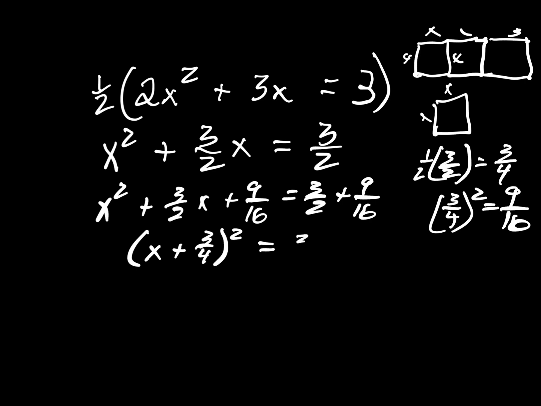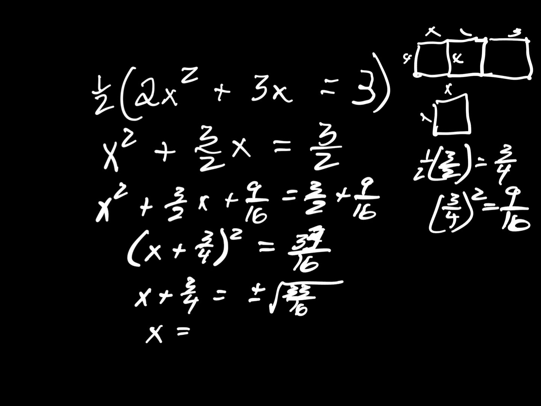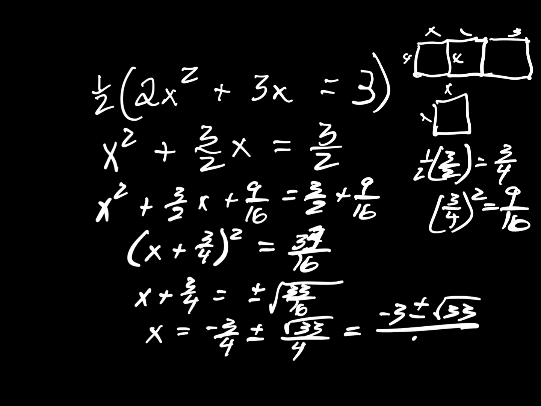So 24 plus 9 is 33/16. Okay. And then we take the square root of both sides, so we get x plus 3/4 equals plus or minus the square root of 33/16, which gives us x equals negative 3/4 plus or minus the square root of 33 over 4. They have a common denominator, so negative 3 plus or minus square root of 33 over 4. And there you have it.